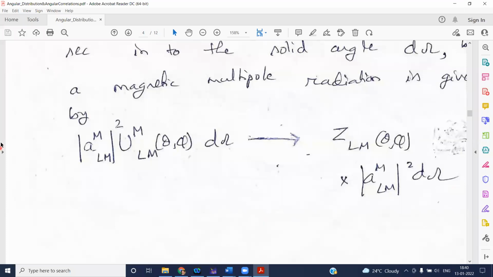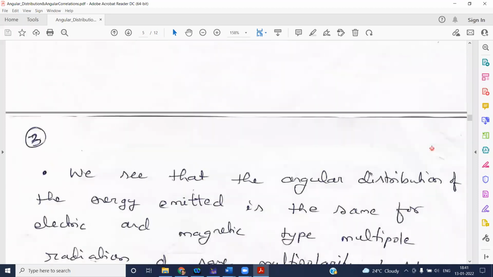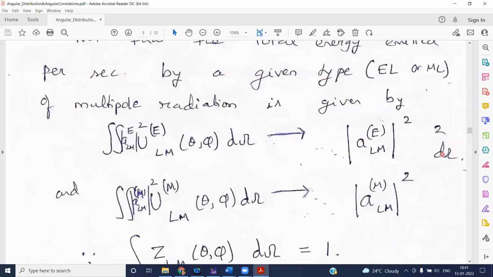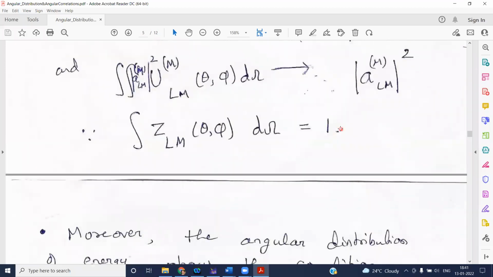If you integrate over d omega, I get the integral of Z_LM of theta phi d omega. A_M(LM) mod squared is independent of theta phi. It's independent of r, so I don't get anything there. So I get the integral Z_LM theta phi d omega, that is 1 by a property of spherical harmonics. I don't derive it, I am telling you.